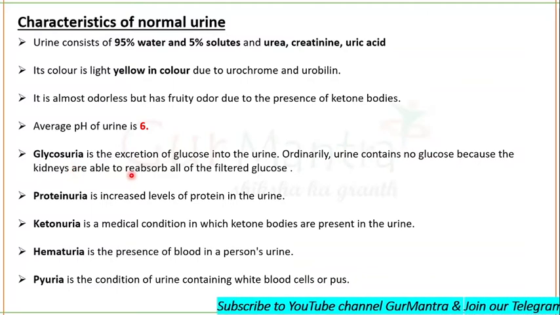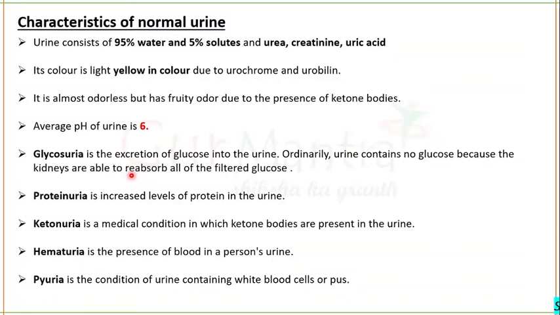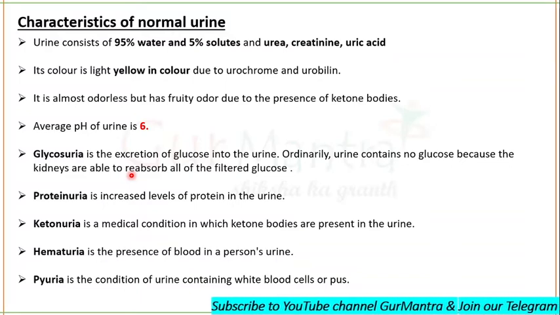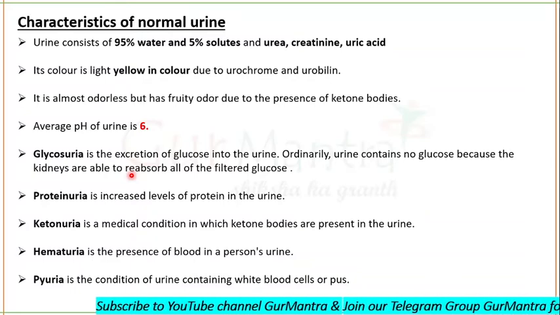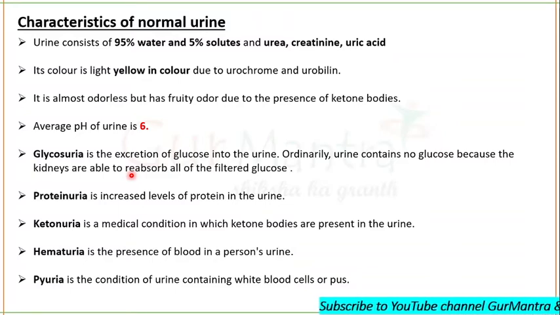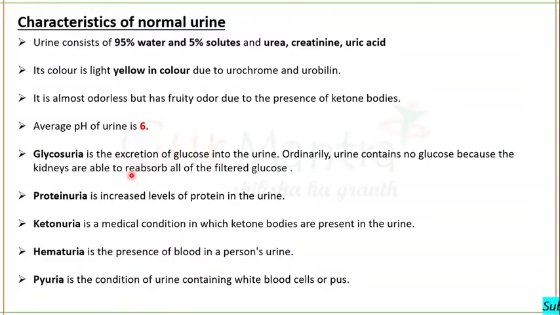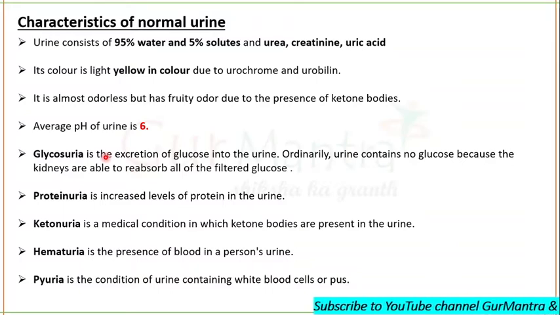But if the blood concentration of glucose is above 200 milligram per ml, then the transport proteins in the renal tubule cells cannot work fast enough to reabsorb all the glucose that enters the glomerular filtrate, and as a result some glucose remains in the urine. When glucose is excreted into the urine, this condition is called glycosuria.